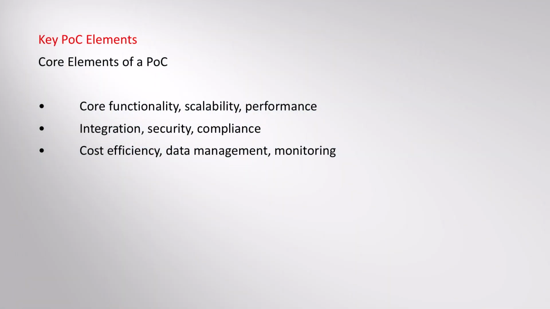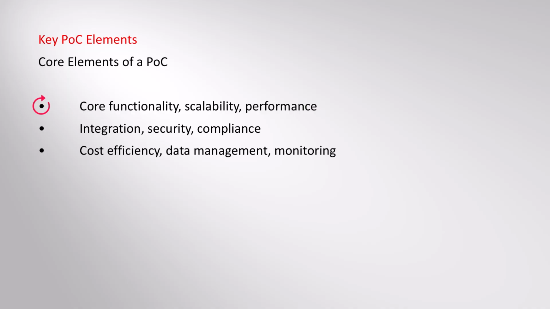Key areas of focus include: first, core functionality. Validate the primary feature that distinguishes the solution or poses the greatest risk. For example, if the project involves real-time data processing, ensure this functionality is tested in the POC. Second, scalability and performance.